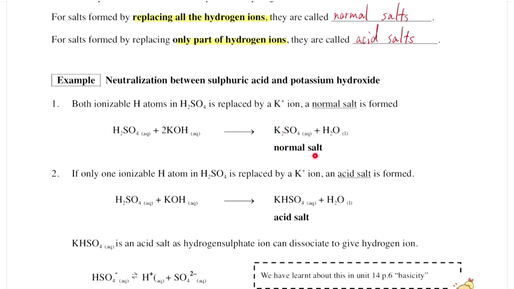So it forms a normal salt. But for the second case, only one ionizable hydrogen ion is replaced by the potassium ion. Hence, the salt we have formed is KHSO4. So in this case, that's an acid salt.